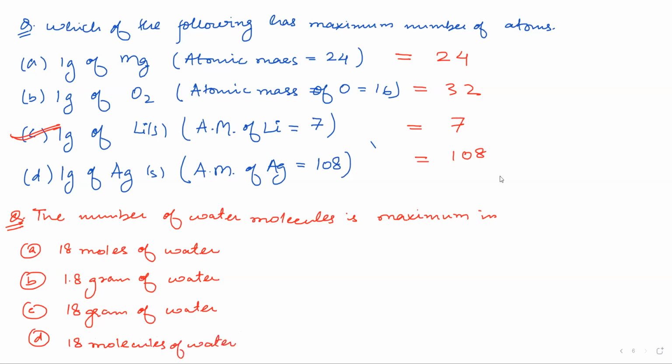Okay, so how will you do this type of question? Tell me the answer in chat for this question. The number of water molecules is maximum in A, B, C, D. Calculate the number of molecules of water in each of the following by using the mole concept.